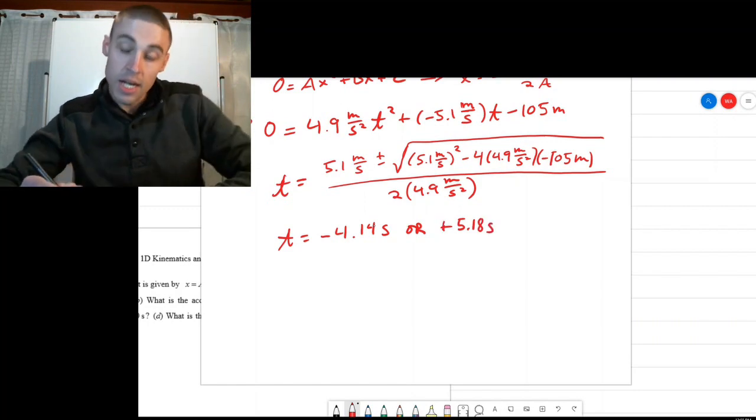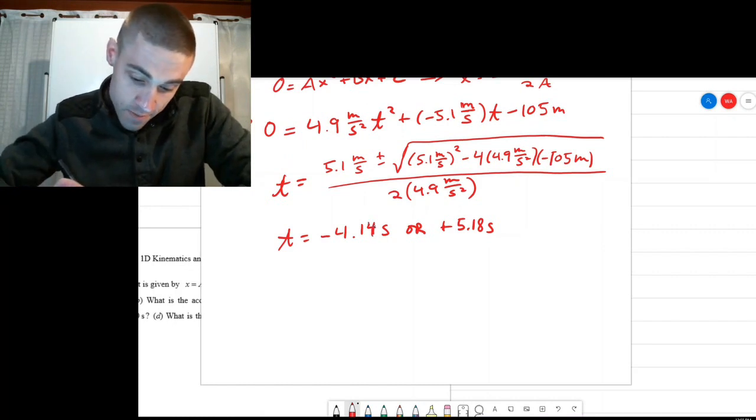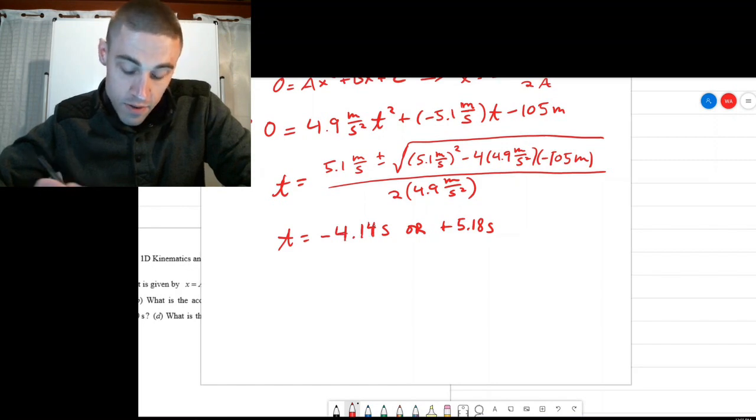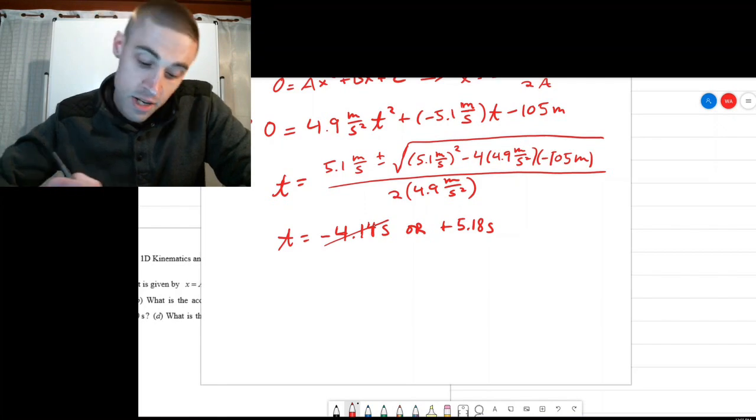Now which one of these is physical? This shouldn't be too difficult to figure out. The negative time is not a physical answer. The time that it takes is going to be 5.18 seconds.